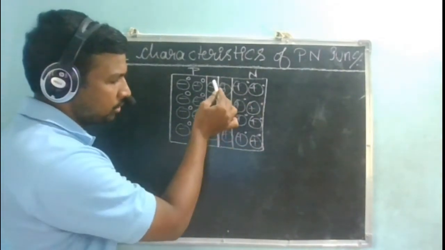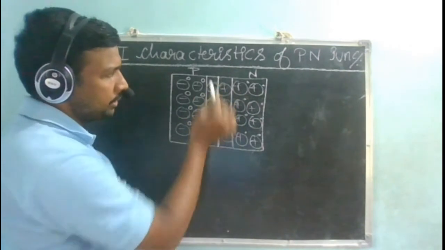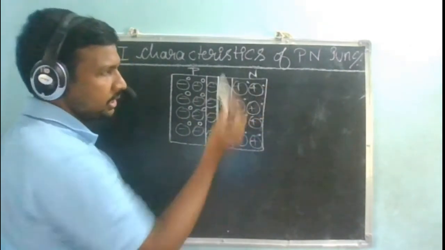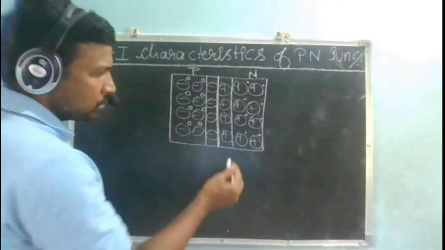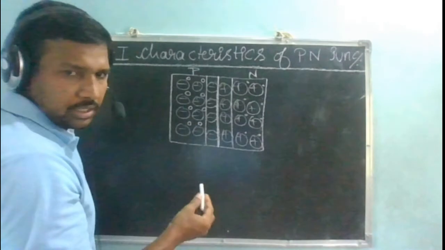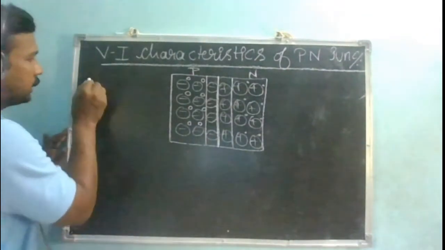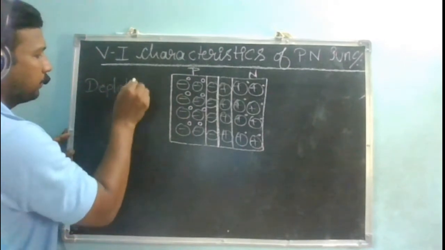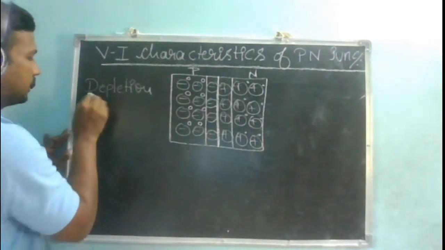So that is why you could see a negative charge on the P side near the junction, a positive charge near the junction in the N side. This formation of positive charge and negative charge near the junction is what is called depletion region.